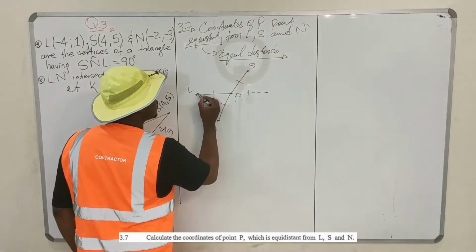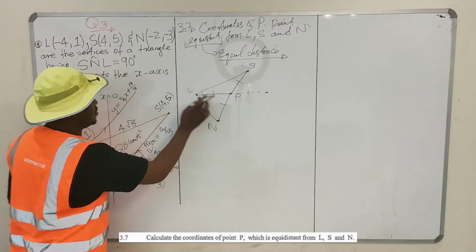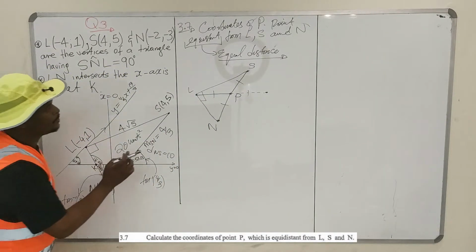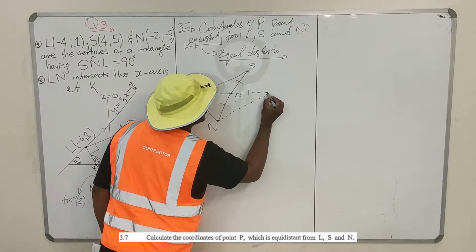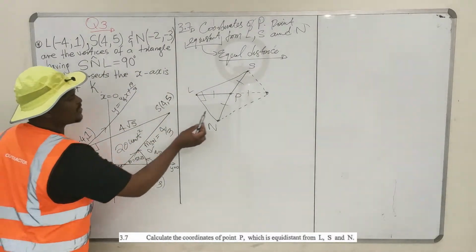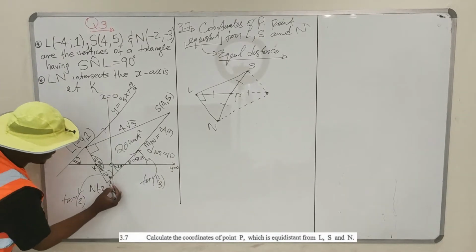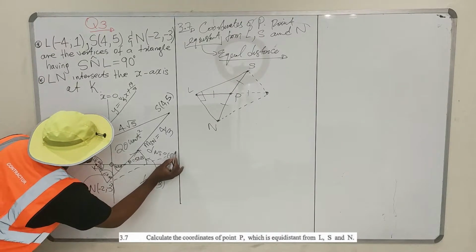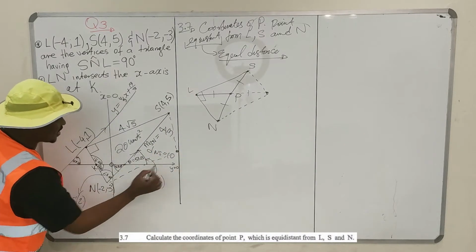This is 90 degrees because it's what we were given already. Let me try to extend it to here. There. So we have some sort of a rectangle.